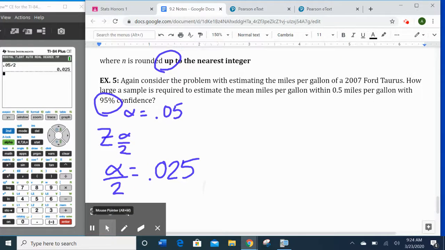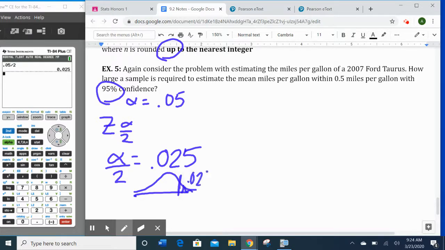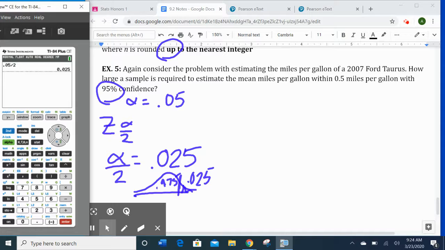So Z sub alpha over 2 means what is the Z-score such that the area to the right of that Z-score is 0.025, which means the area to the left is 0.975, 1 minus 0.025.